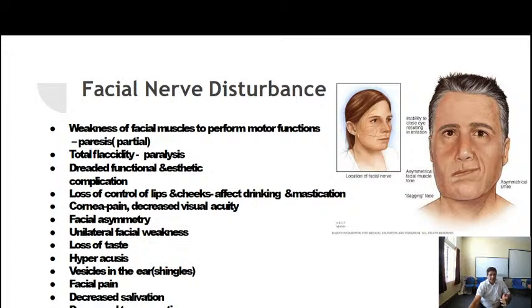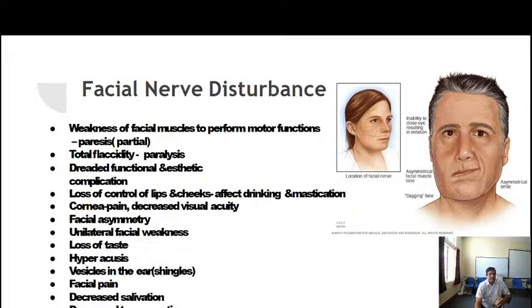There will be vesicles, and the facial pain, decreased salivation because secretomotor fibers are also sectioned, and decreased tear secretion. Once again, there is damage to the parasympathetic fibers which travel to the lacrimal gland.